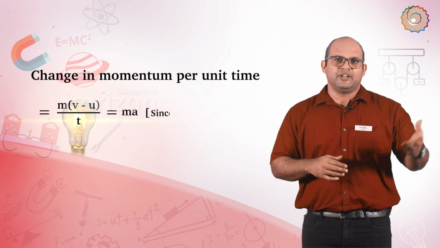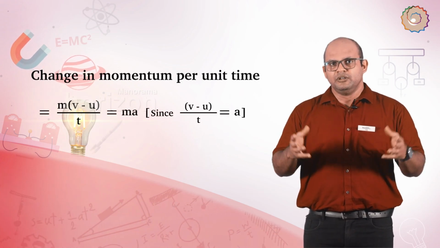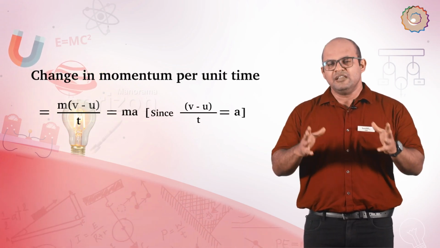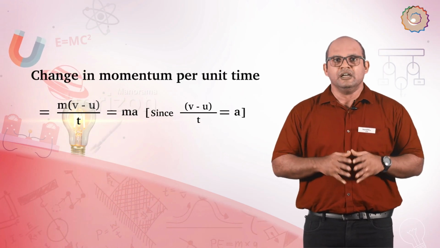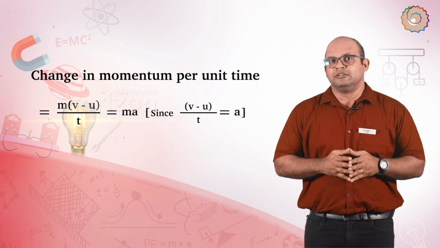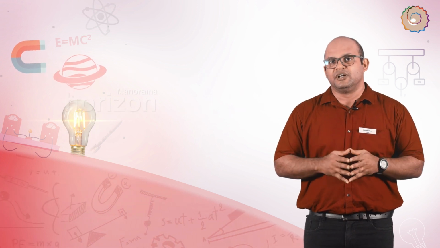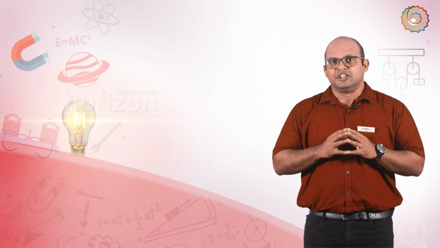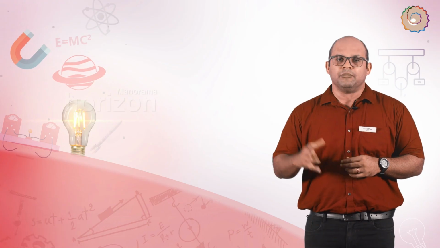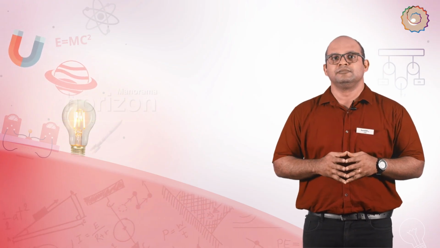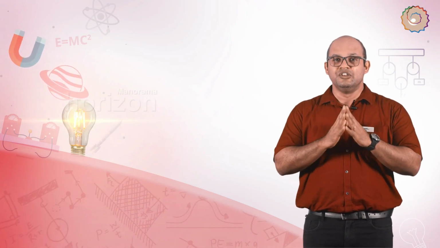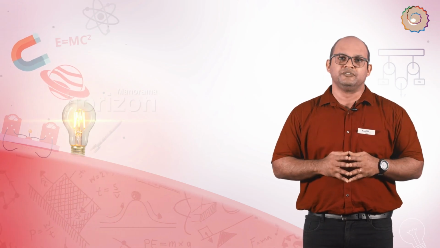If you recall what we have done in the previous chapter, you will know that this quantity (v minus u) divided by t tells us the rate of change of speed, which we otherwise know as acceleration. So in other words, we can say that the rate of change of momentum is mass multiplied by acceleration. And this gives us a very useful and fundamental result in physics.